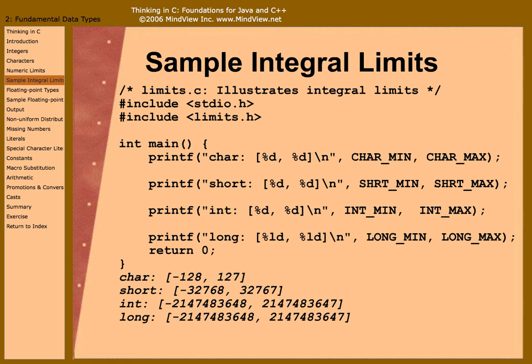So it works the same way for each of those statements, for char, short, int, and long, and you can see the values that come out there on the bottom. And you can see then for this platform that I'm on, it's a 32-bit platform, and so indeed int and long are the same. It's the smallest and largest numbers that you can get with a 32-bit signed integer. And so basically it's 2 to the 31st minus 1 for the max, and minus 2 to the 31st for the min.